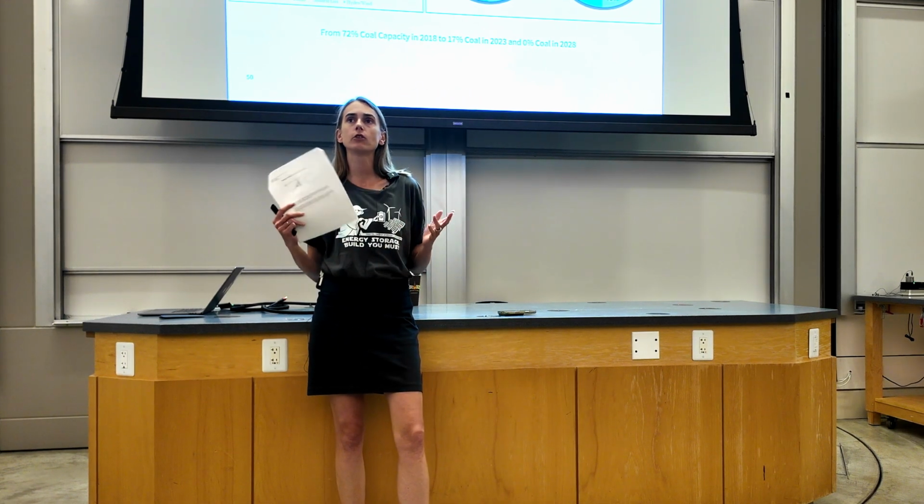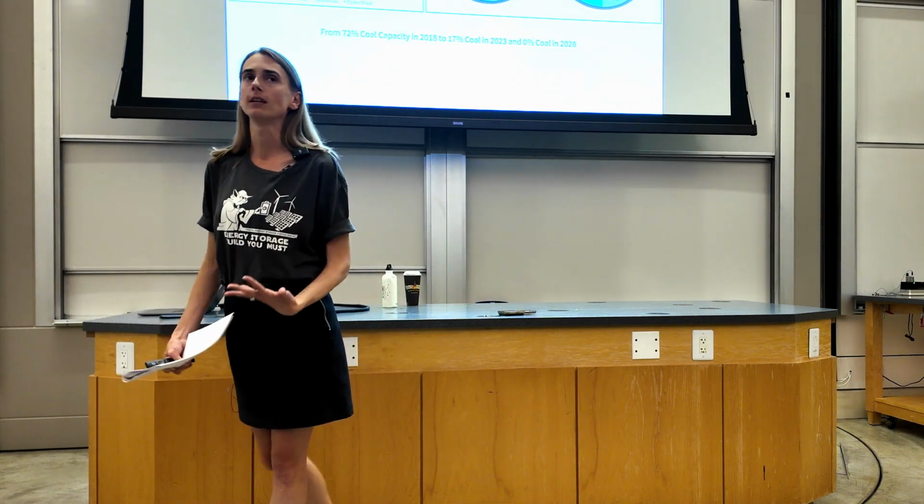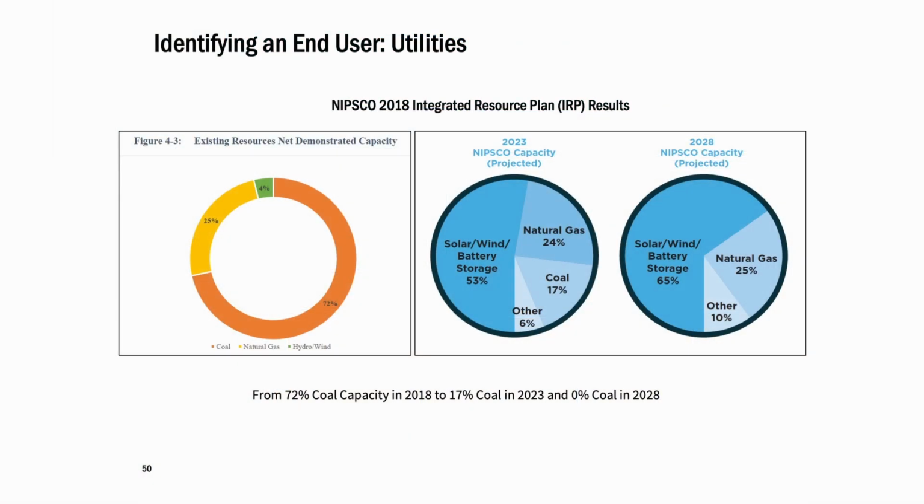As we talked about in the grid lecture, one way to gauge whether or not a utility is going to want a renewable energy project is by looking at their integrated resource plans.